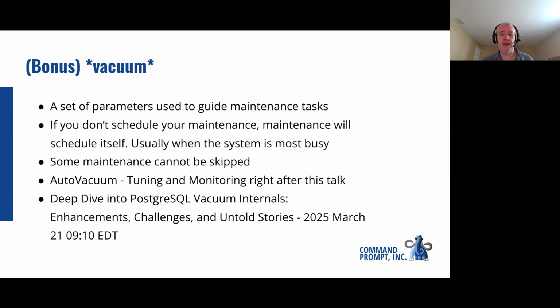One of its functions is to find those old versions of the rows that no transaction is going to reference, because each transaction keeps track of which versions of rows it sees from when it started, and it can only see those versions of the rows. So as long as there's a transaction that is open that could potentially reference a given version of the row, it cannot be cleaned up.